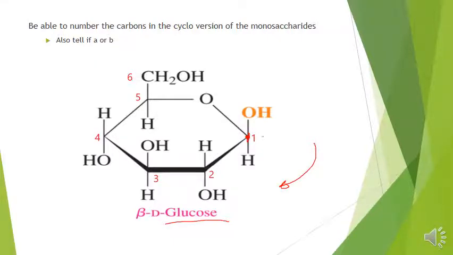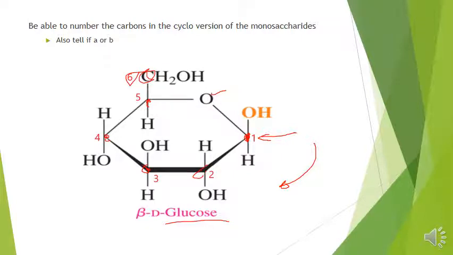You always start over here at this end. So carbon 1, 2, 3, 4, 5, 6. This carbon right here is not 6, all right? So you're counting the carbons: carbon 1, carbon 2, carbon 3, carbon 4, carbon 5, and carbon 6.